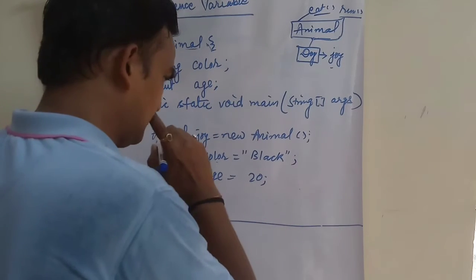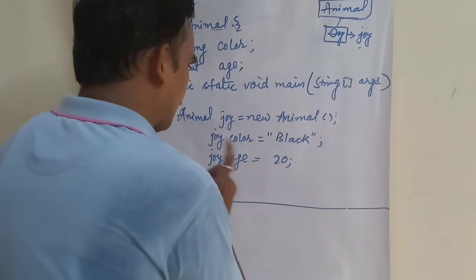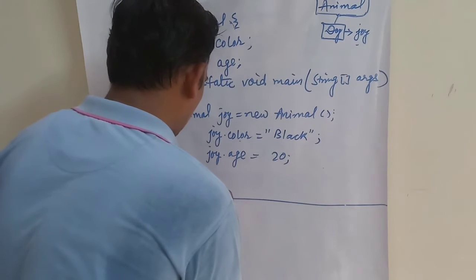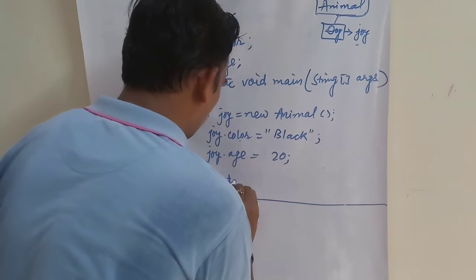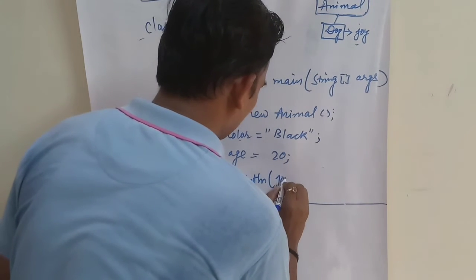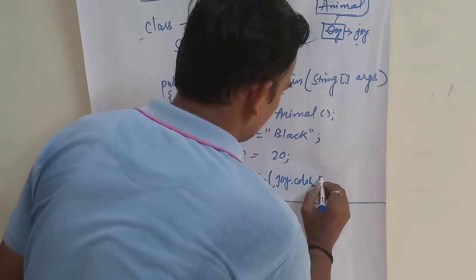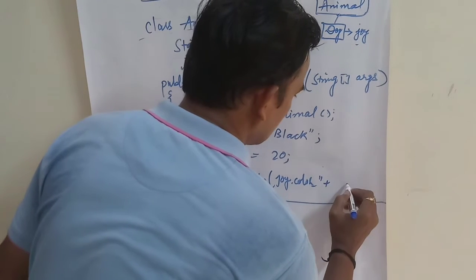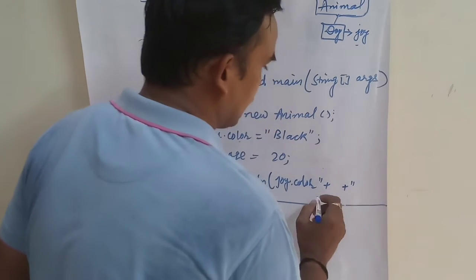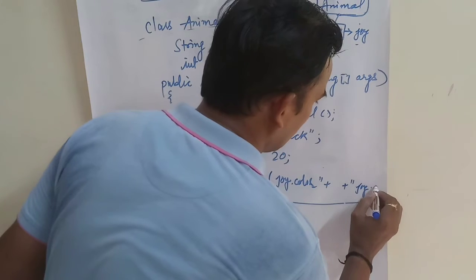Now we will print the values of the reference variables. We write simply System.out.println, Joy dot color, then double quotes with a space, plus, then Joy dot age.